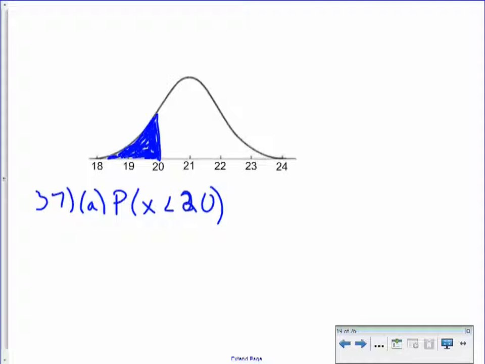Well, there's 0, that's -1. So I don't need to go through the whole z-score calculation. I know this is going to be less than -1.00. If you did the calculation, that's not wrong, but this saves a little time. You should find 0.1587.